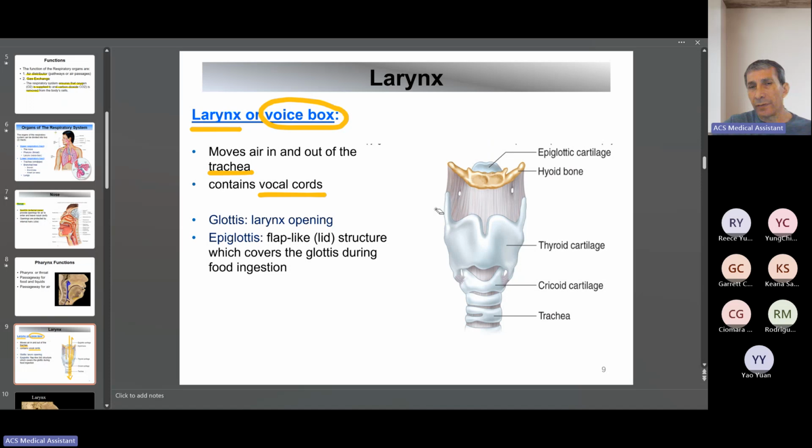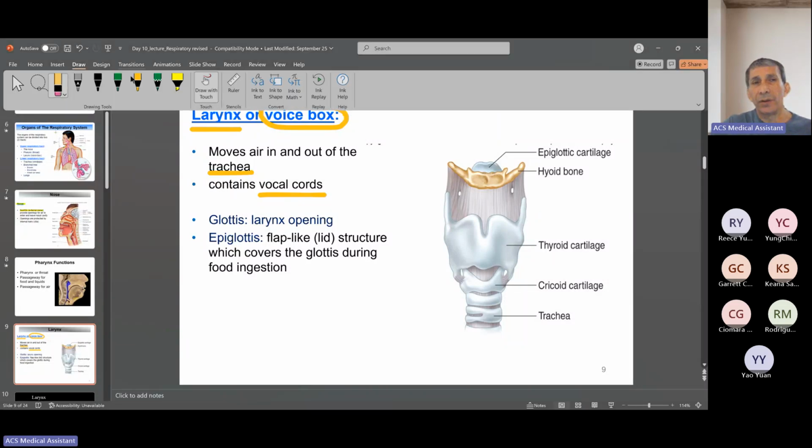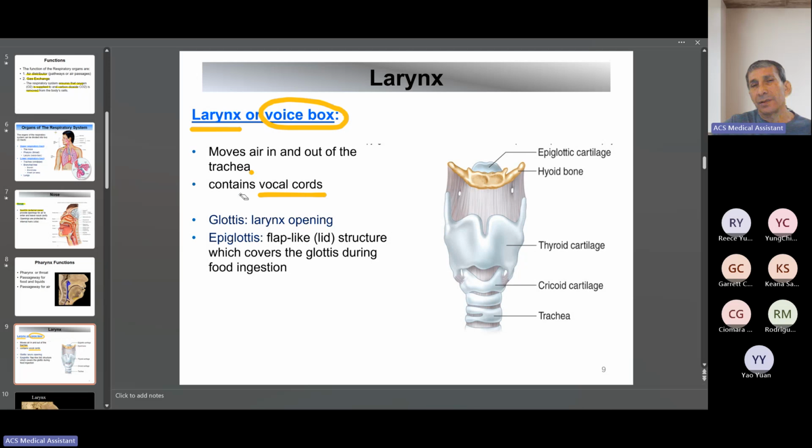If they are swollen, they're not going to vibrate, they are too heavy to vibrate. And the vibration of these vocal cords inside the larynx is what produces the sound when we talk, or when we sing, or when we produce any sounds through the mouth. So that's basically what it is. So that is the larynx.